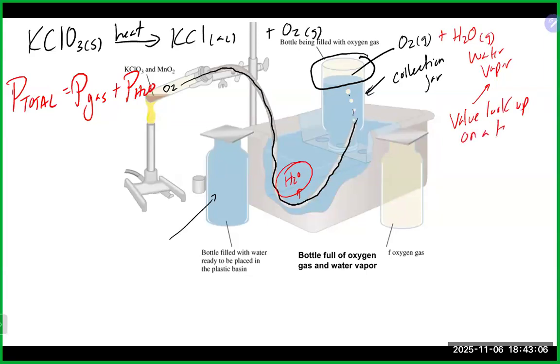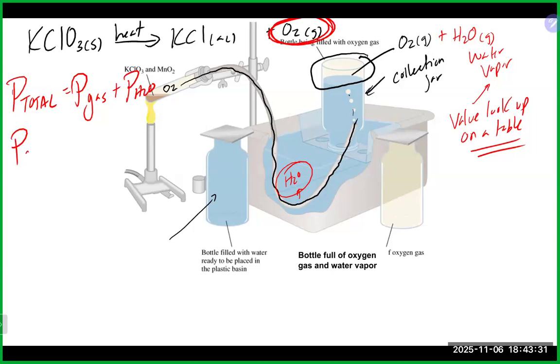The vapor pressure of water is typically a value you can look up on a table. And usually based on the temperature you're doing the experiment, you can look up that value, kind of like what you did the other day when you looked in the back of the book for some density of water and stuff like that. You can look it up in a table. And this is usually a correction value. So in this, if we were doing this experiment, we're really only interested in the oxygen and the pressure associated with the oxygen.